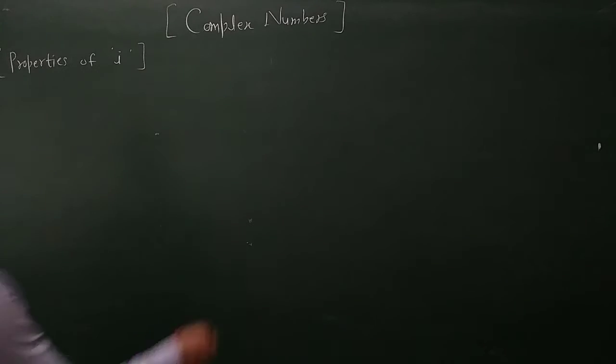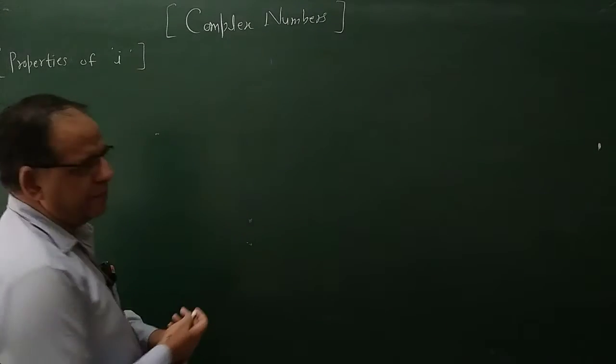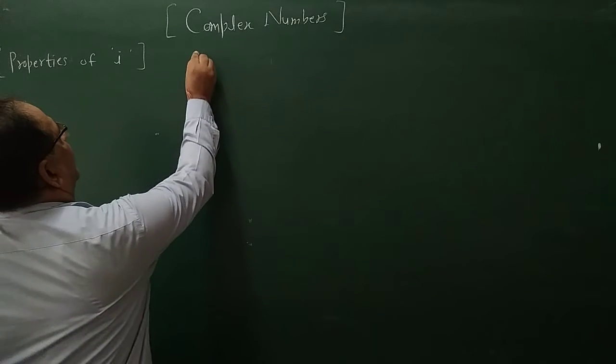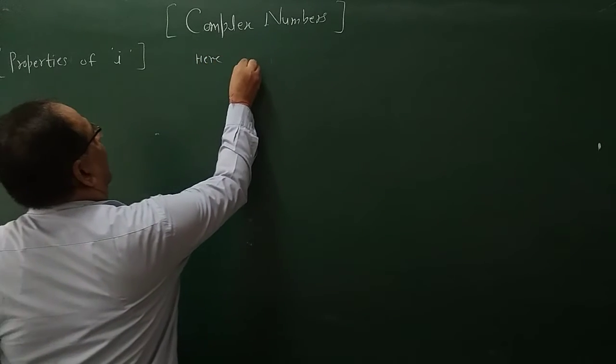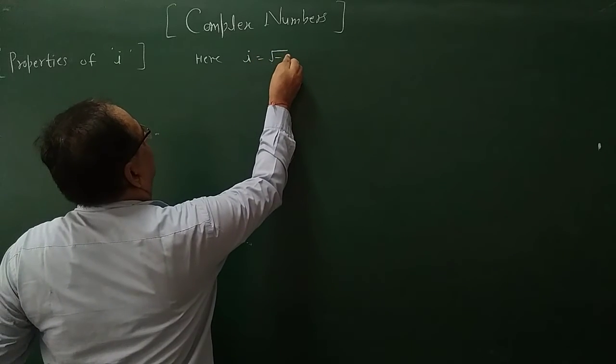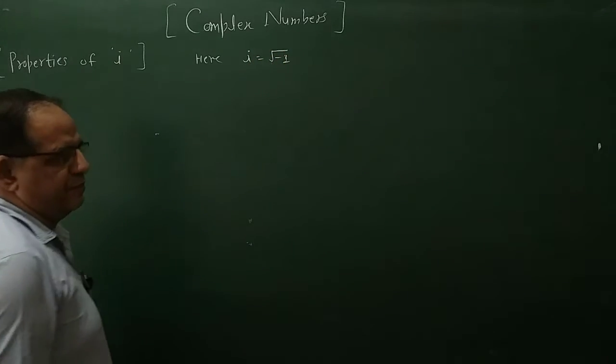Iota indicates the value of square root of minus 1.